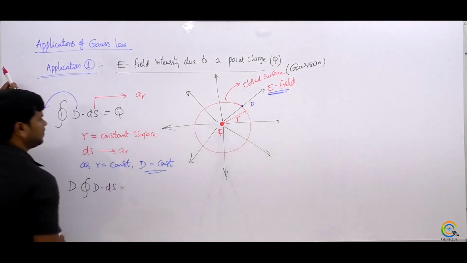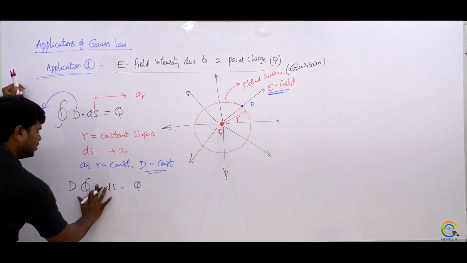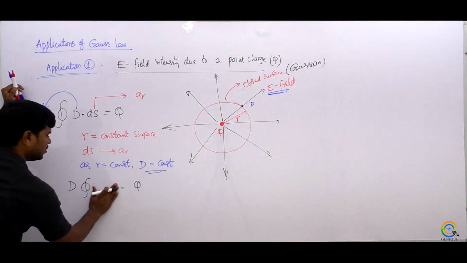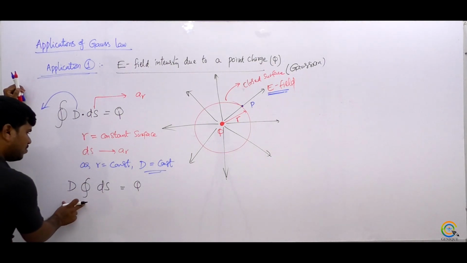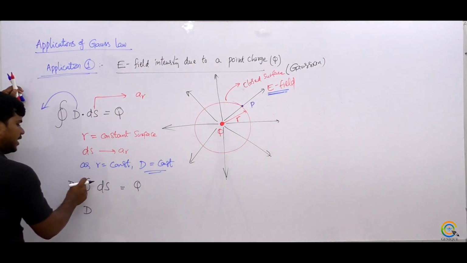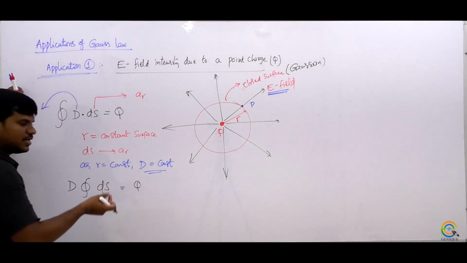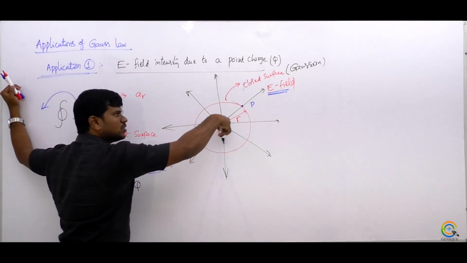And it will be equal to Q. Now D into what is the surface area? The integral of dS means the surface area of this closed surface.